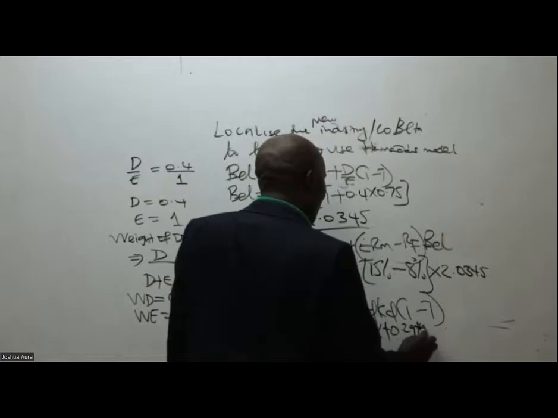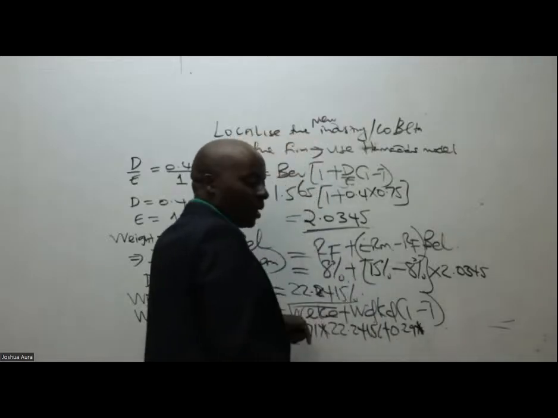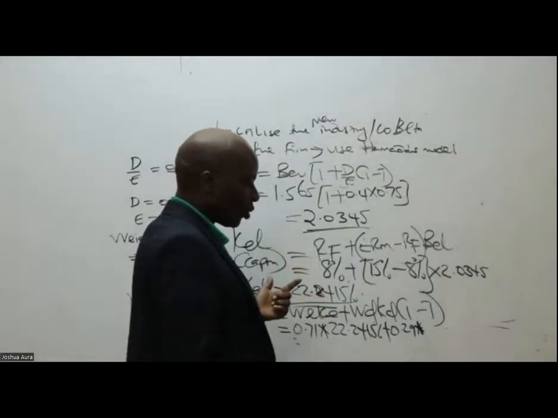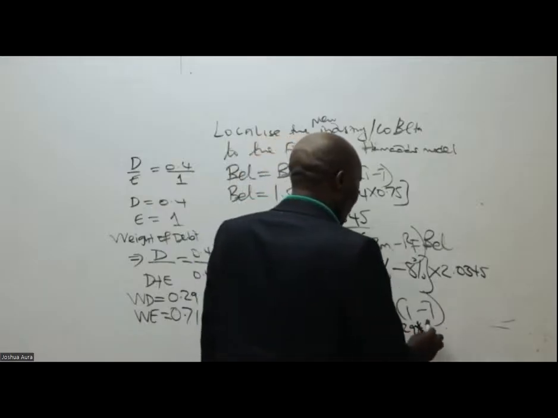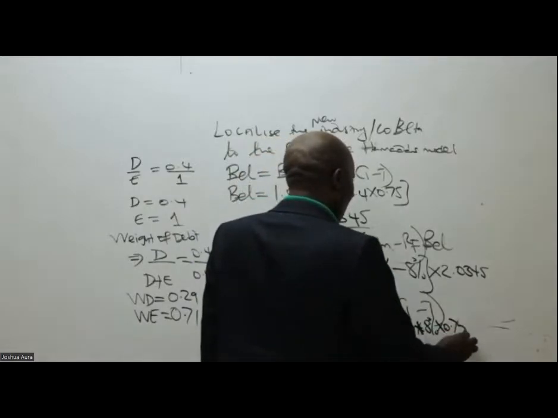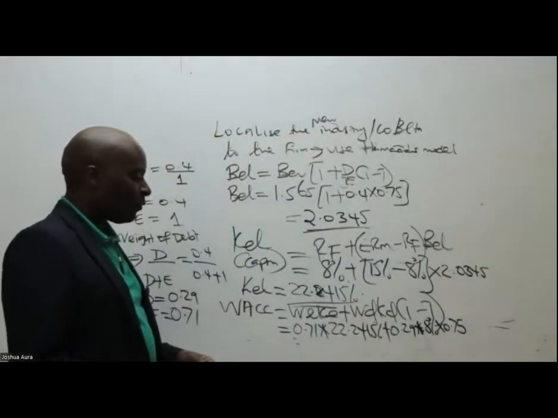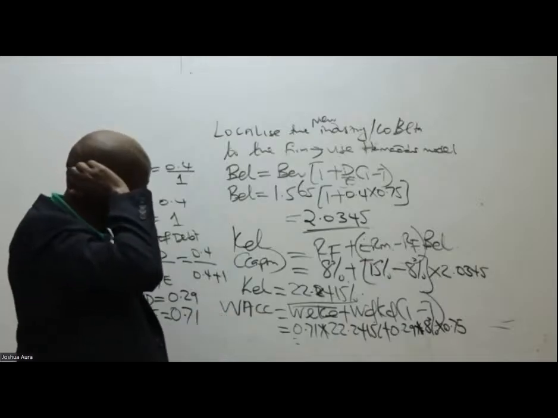Not unless you're told otherwise, cost of debt is normally risk-free because debt is secured. Debt you must give a bank security. It is 8%. Multiply this by 0.75, like that.